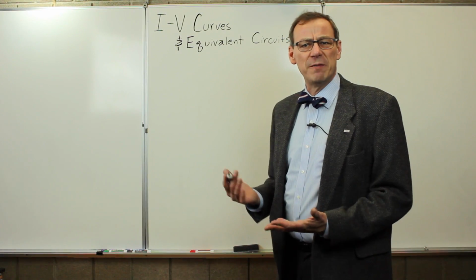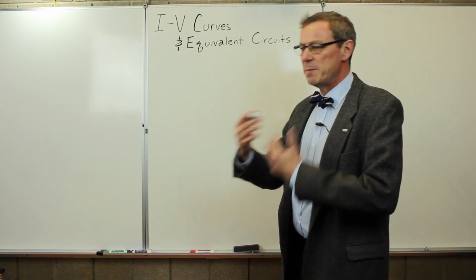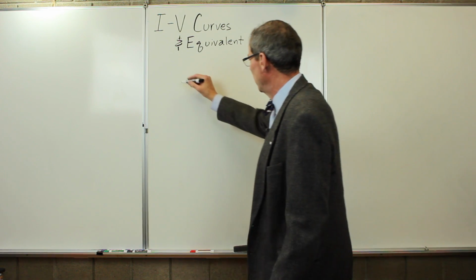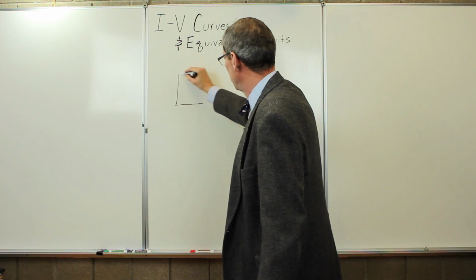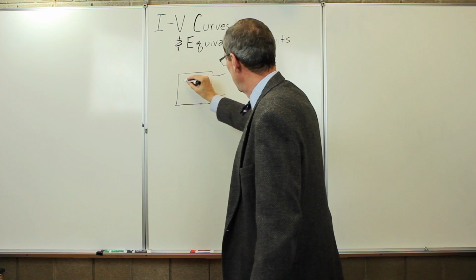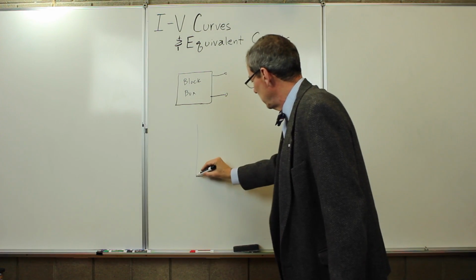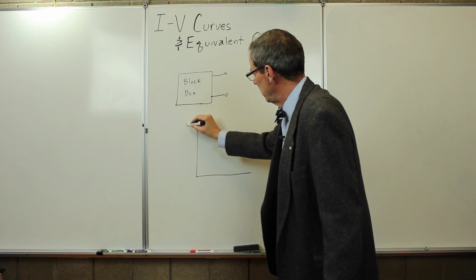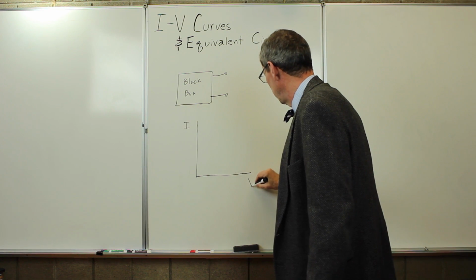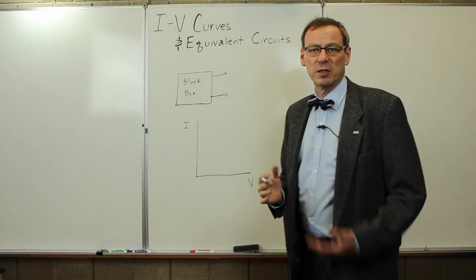So another thing we can do an IV curve for is some object that's providing voltage and current. And we usually refer to this as some sort of black box with 2 output leads. And we're interested in the current and voltage characteristics coming out of those leads.